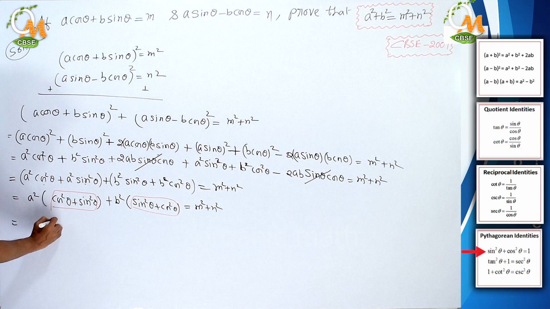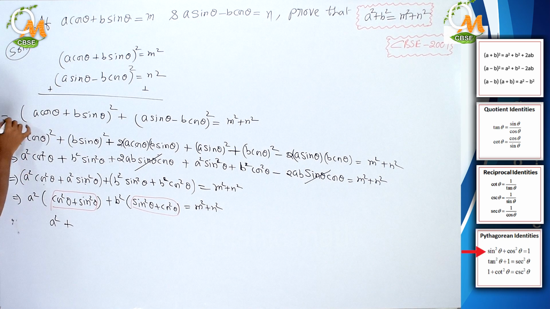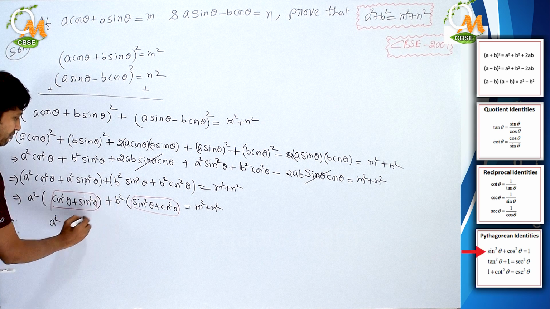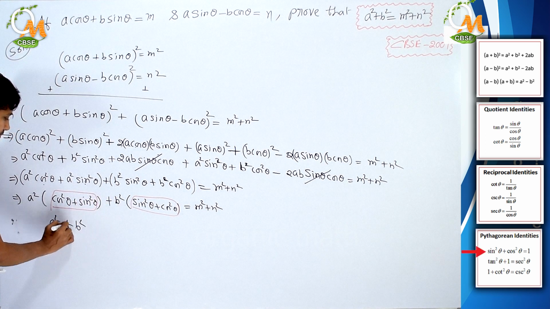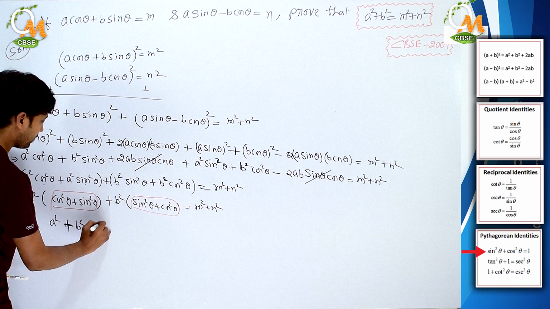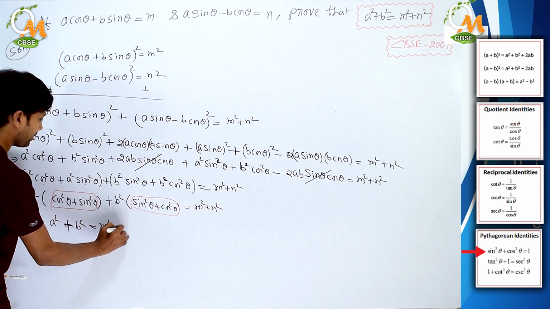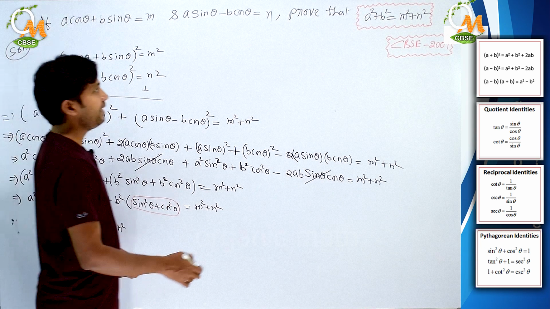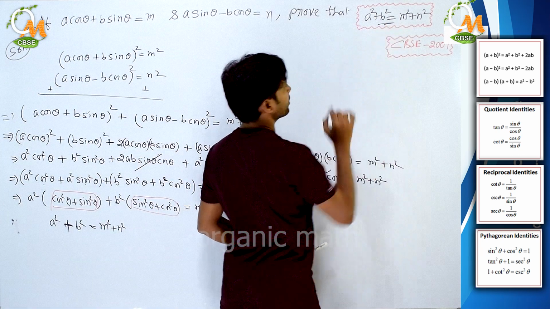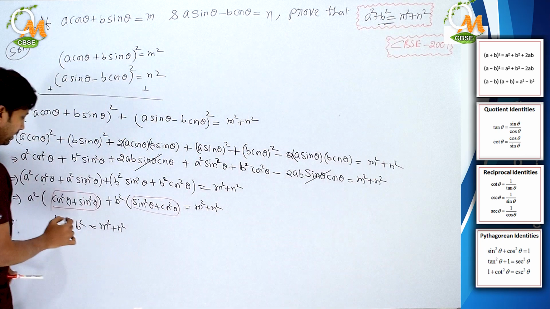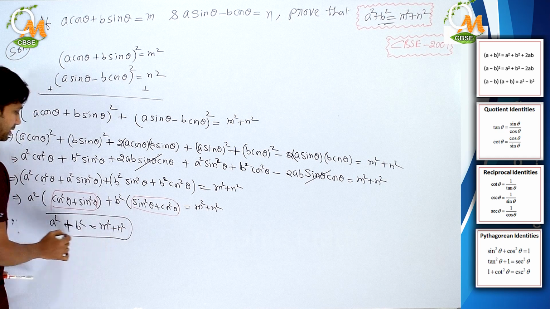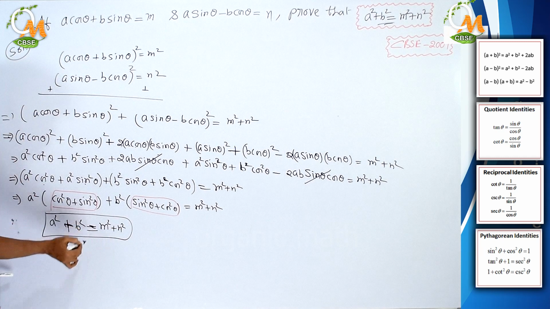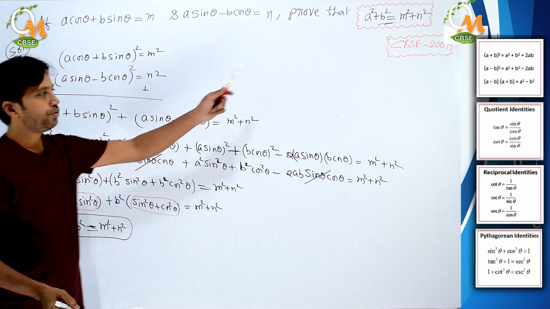A square into 1 would be a square, plus b square into 1 would be b square, equal to m square plus n square. Did we obtain our required condition or not? Exactly. We obtained a square plus b square equal to m square plus n square, which we needed to obtain.